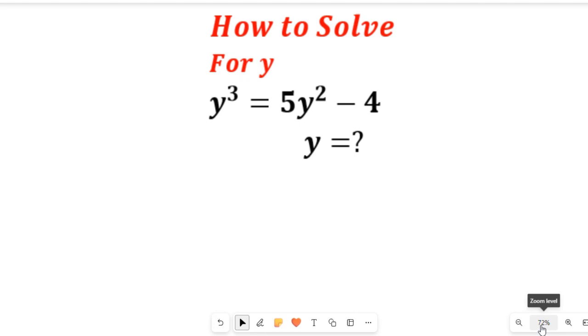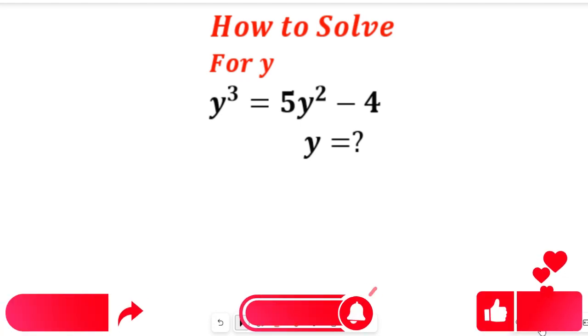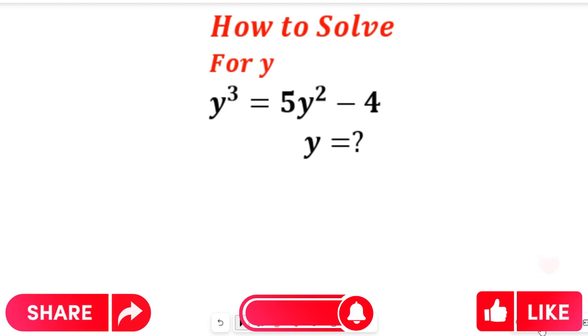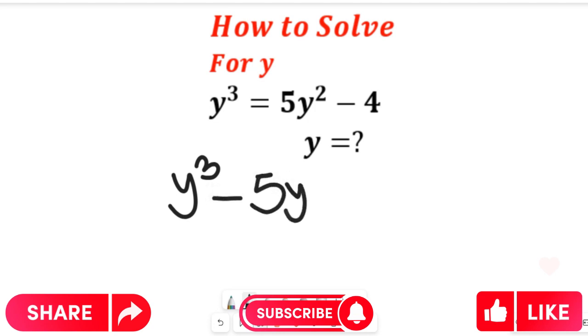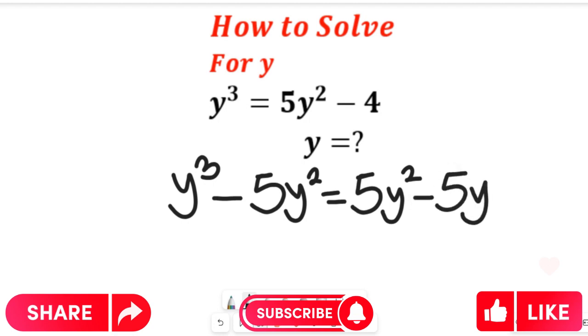Let's get into it. To solve this equation, we are going to subtract 5y squared from both sides and minus 4 from both sides. If we subtract those values from both sides, we'll have y to the power of 3 minus 5y squared to be equal to 5y squared minus 5y squared minus 4.